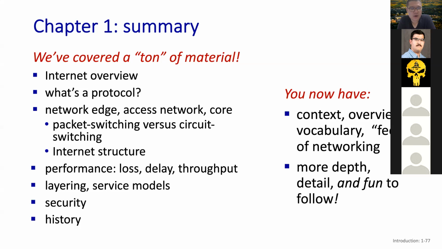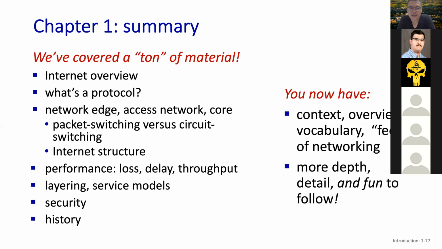Okay, let's do a quick summary. For chapter 1, we have learned tons of material, right? We know a lot of concepts, but we will refine them and go deeper in the next slides. For example, for chapter 2, we will go to the application layer, to understand what the application layer is, HTTP, and some other stuff, okay? For the first chapter, we just did an overview of the internet and gave you an idea of what a protocol is, right?